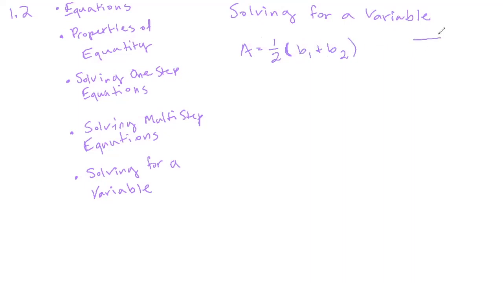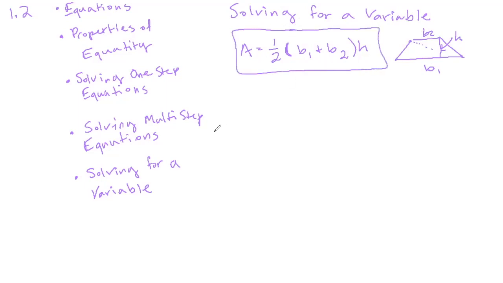That would be the area of this trapezoid, where this is base 1, this is base 2, and your height would be right here. If you took geometry last year, you remember the reason this works is that you think about it in terms of two triangles and all that good stuff. But this is the formula for area.